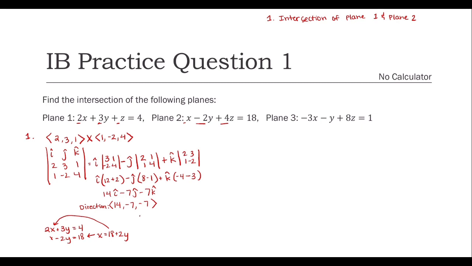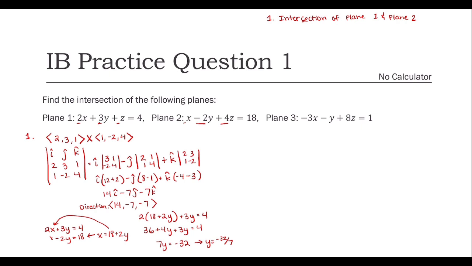So we'll use substitution. So we have 2 times 18 plus 2y plus 3y equals 4. So 36 plus 4y plus 3y equals 4. If we subtract 36 from both sides, we'll get that 7y equals -32. So y equals -32 over 7.